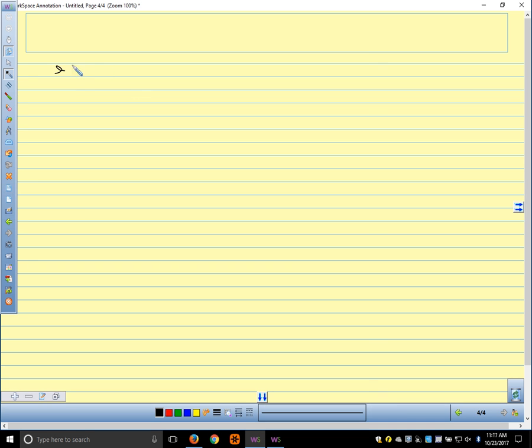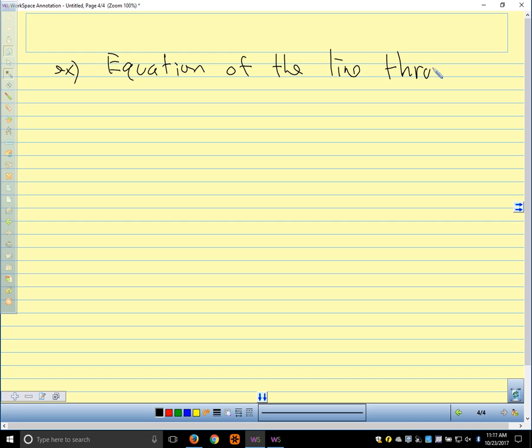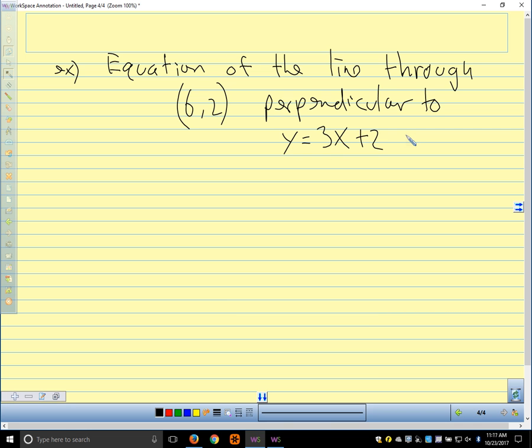Okay, the last example, similar to the second example we did with parallel lines. We want the equation of the line through 6, 2 perpendicular to y equals 3x plus 2.